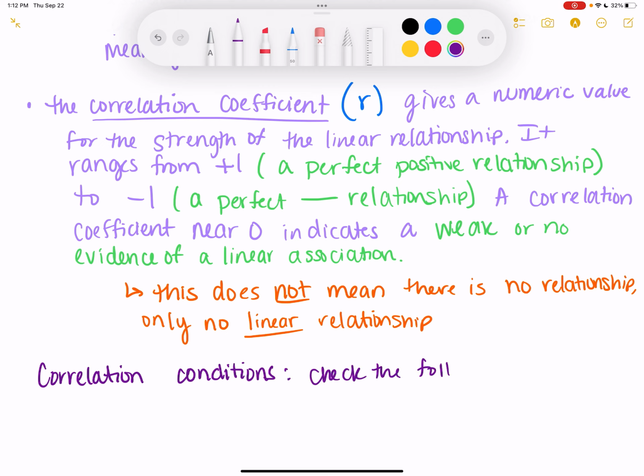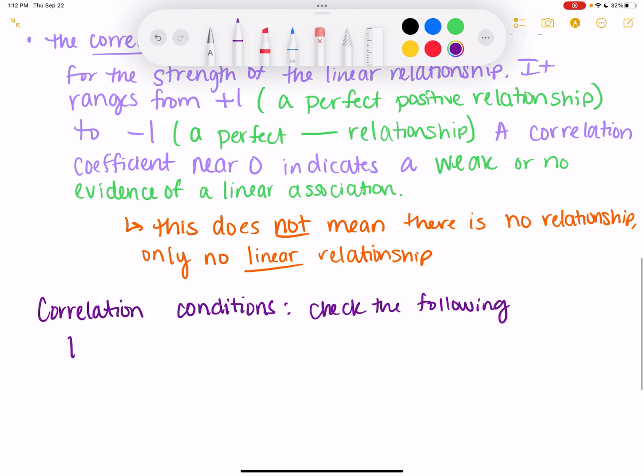It's going to be 3 things. 1, we must have quantitative variables. I think we had that problem with hair color and eye color, and it wanted to know the correlation of those 2 things. Those were categorical variables, so that was why we couldn't do that. So they have to be quantitative.